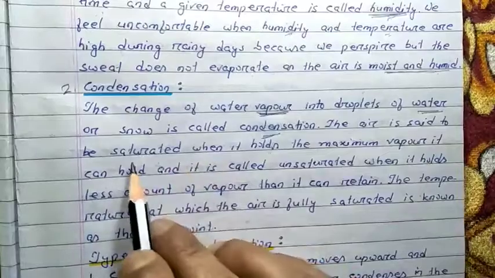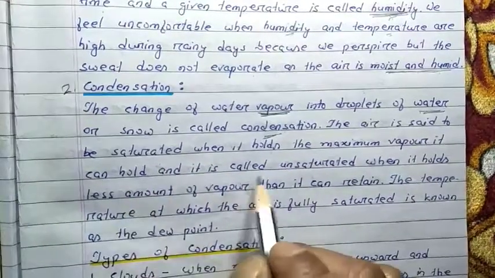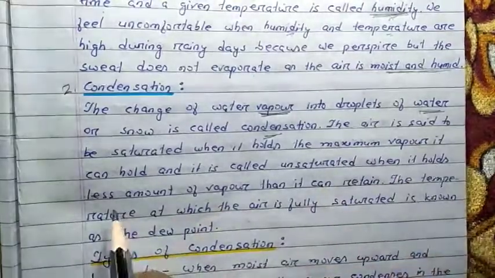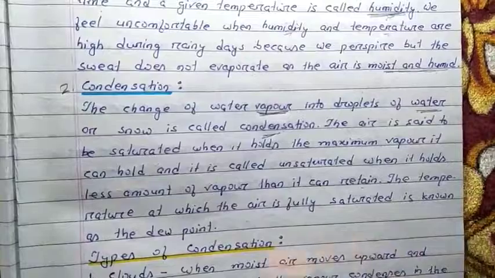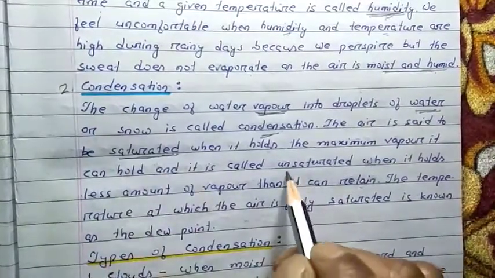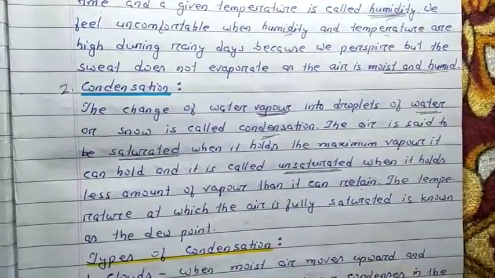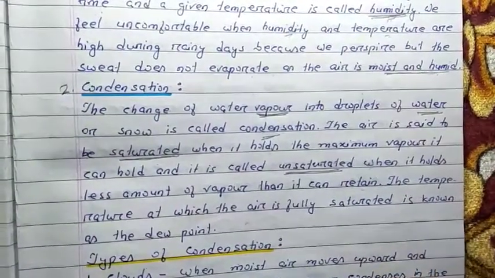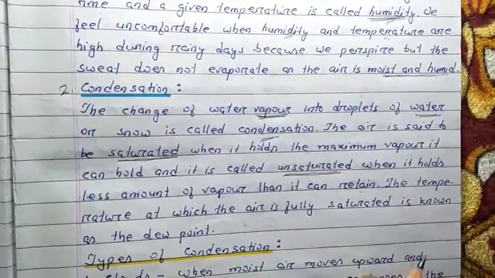The air is said to be saturated when it holds the maximum vapor it can hold, and it is called unsaturated when it holds less amount of water vapor than it can retain. Here two terms you should know, one is saturated, another one is unsaturated. You know, everything has got a limit. Our tolerance has got one limit, and different other things, they also have got one limit.